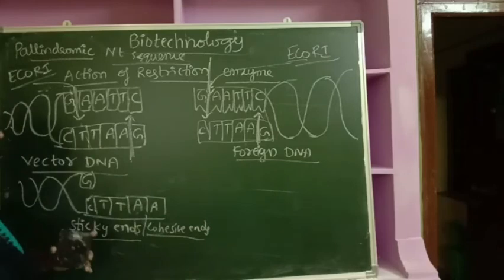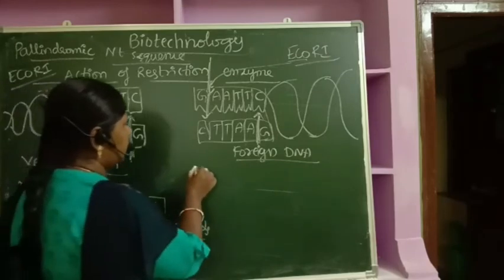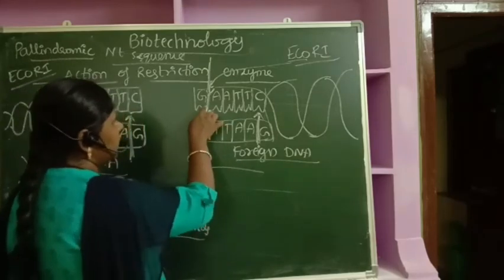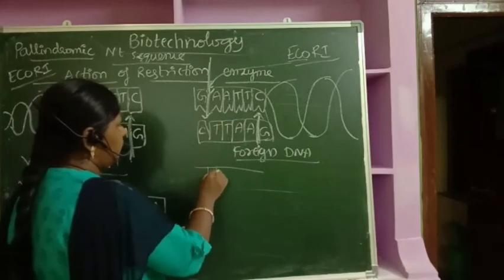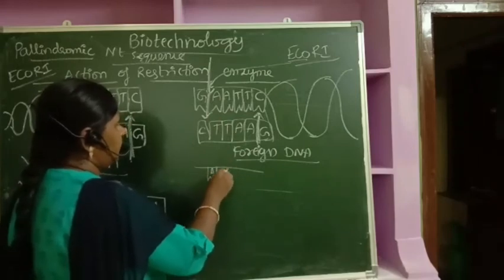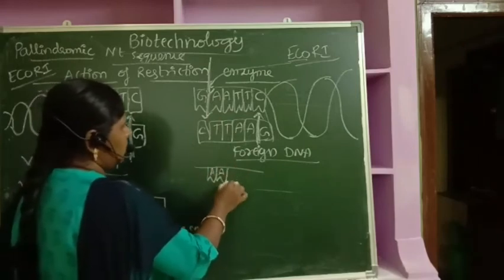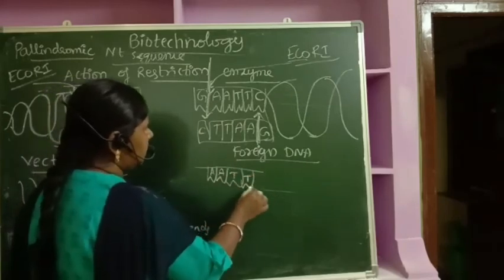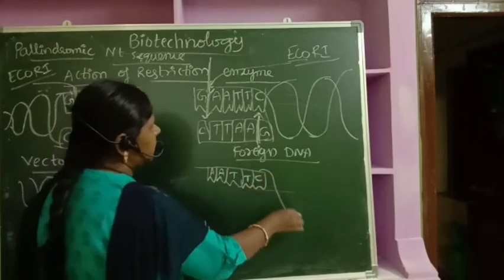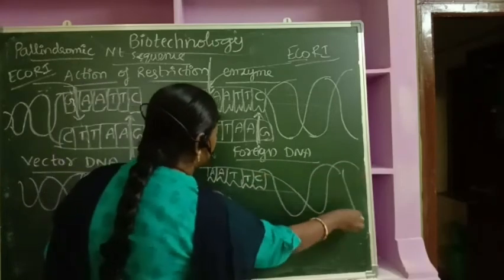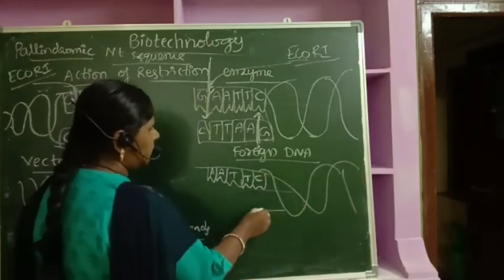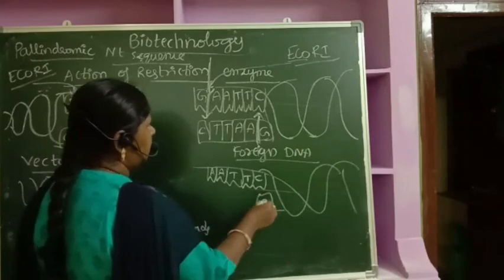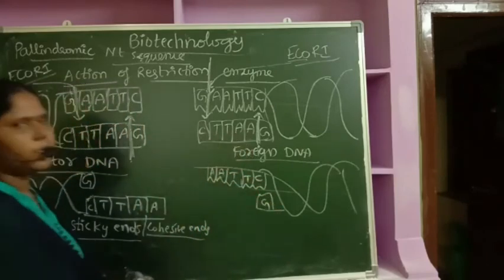Right? Now coming to the foreign DNA, here you find it is cut between G and A. G will go, you find A, T, and here this is C, like this, and here you find only G, because this fragment is gone.